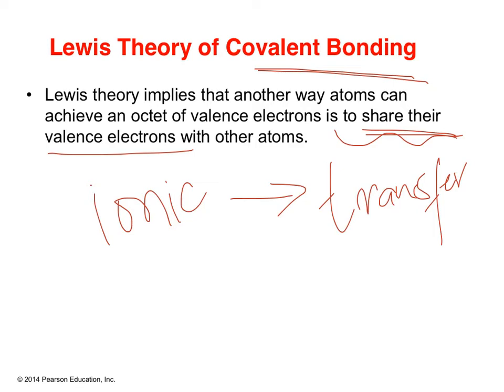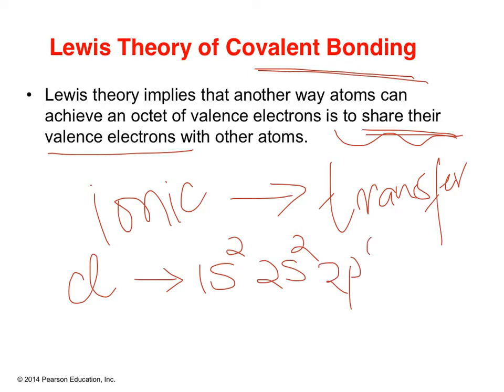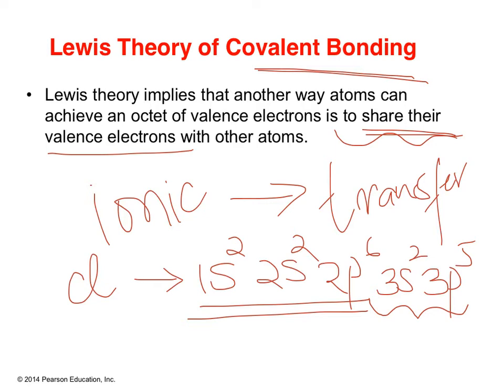Now, how does this sharing happen? So, chlorine atom, 1s2, 2s2, 2p6, 3s2, 3p5, right? These are the valence electrons. Inner electrons are not involved in covalent bonding.